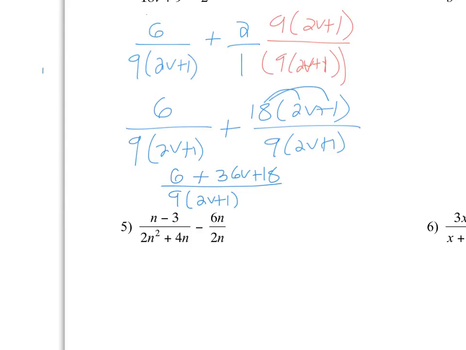So the 6 came from here. The 36v is 18 times 2v, and the 18 is the 18 times 1. Oh gosh, this is going to be really nice. So it's all still over 9 times 2v plus 1, and 6 plus 18 gives me 24, and I got 36v plus 24.